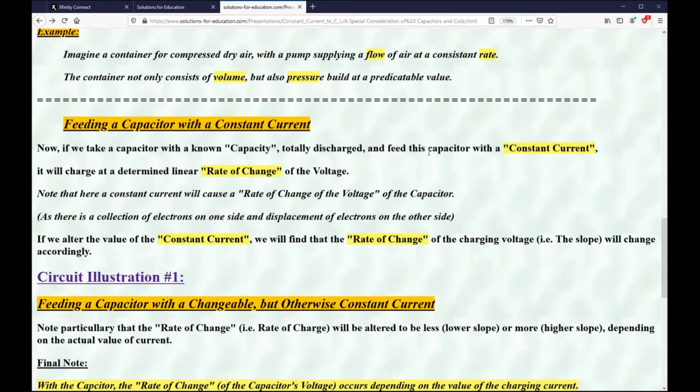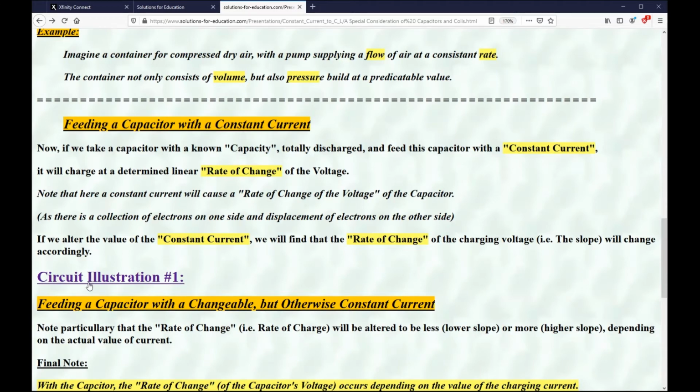If we take this capacitor and feed it with a constant current, it will charge at a linear rate of change. Notice here's what we got. A constant current will cause a rate of change of the voltage of the capacitor.